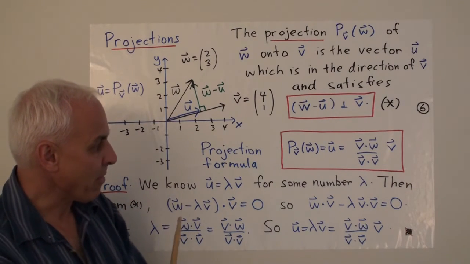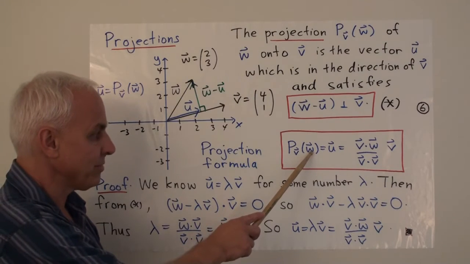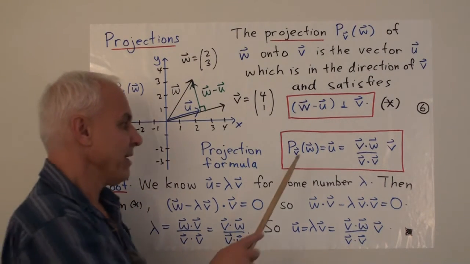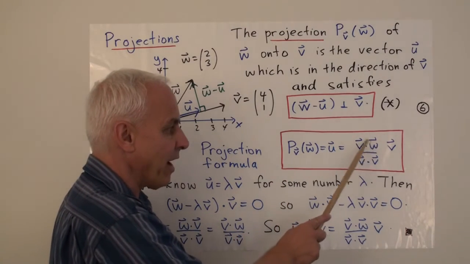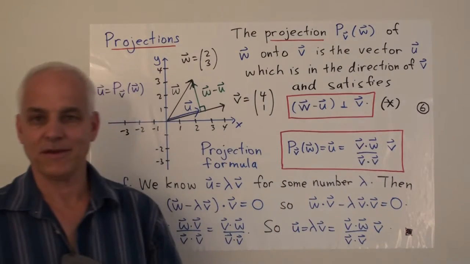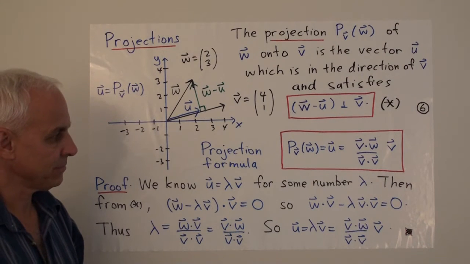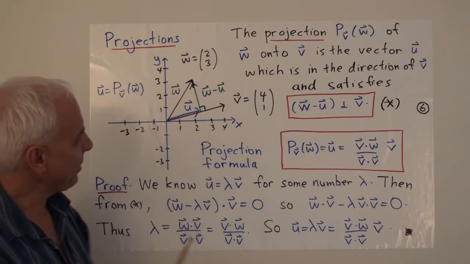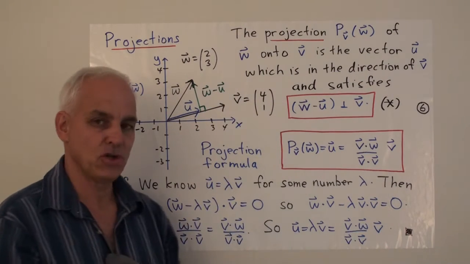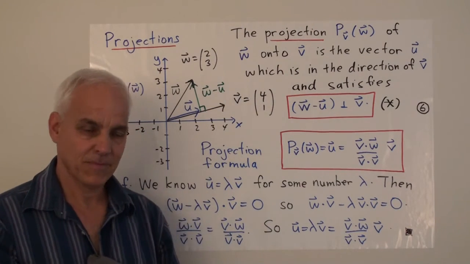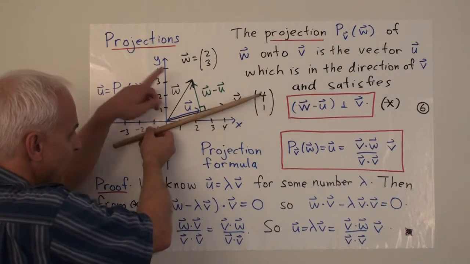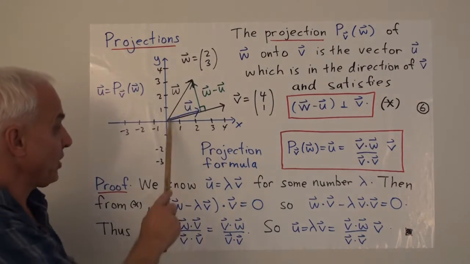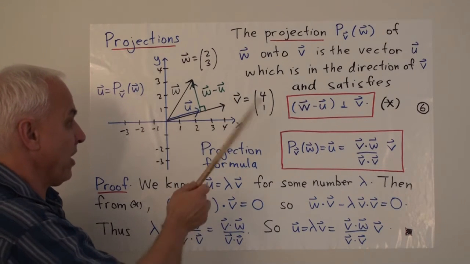So let me make a little remark here. Notice that the W vector only appears once. So the W only appears there, and in all the other places there's a V involved. And maybe it's useful to notice what would happen if we replaced V with, say, 2 times V. If we projected W not onto V, but onto a longer version of V, we should get the same vector out of it, right?